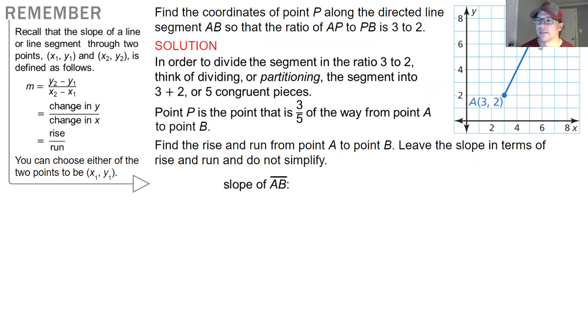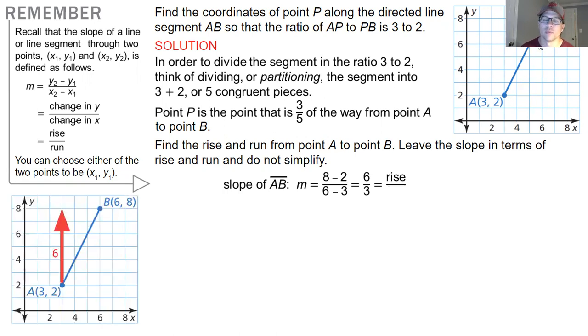So for the slope of line AB, we're going to take the difference of our y's, which is 8 minus 2, and divide that by the difference of our x's, which is 6 minus 3, to get a ratio of 6/3. Now remember, normally you would simplify this, but because we are looking for a ratio of 3/5 from A to B, we're going to leave it in terms of that rise over run.